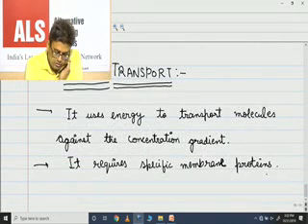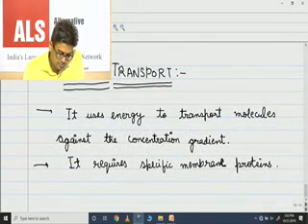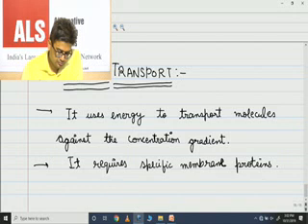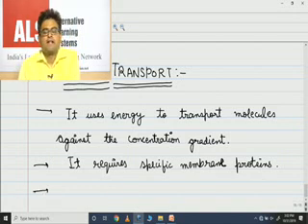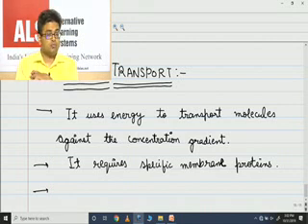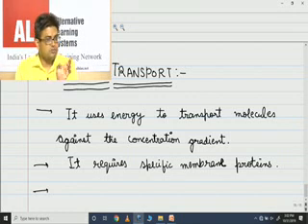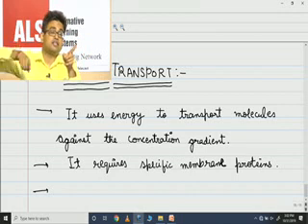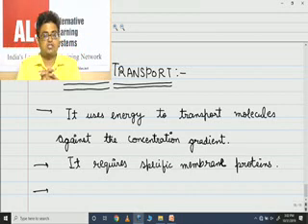Alright, so it requires specific membrane proteins. One more thing, because it requires specific membrane proteins, this means that if we are using one type of protein for transporting one type of substance, the same protein cannot transport any other substance. It is so specific.